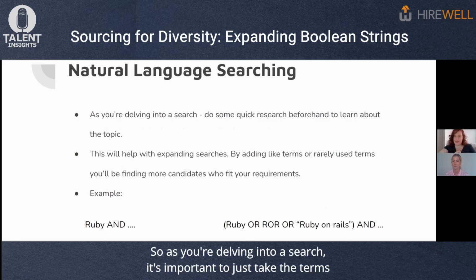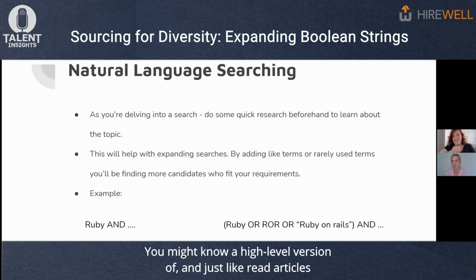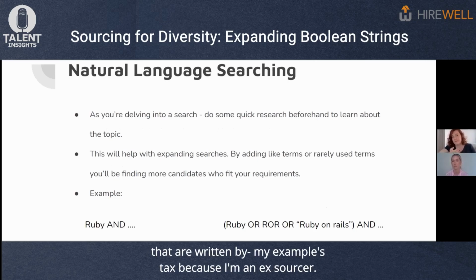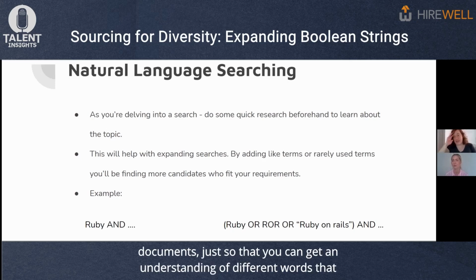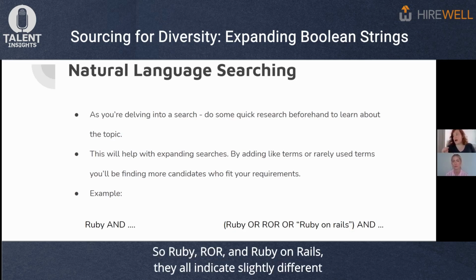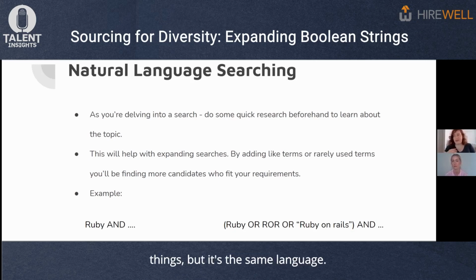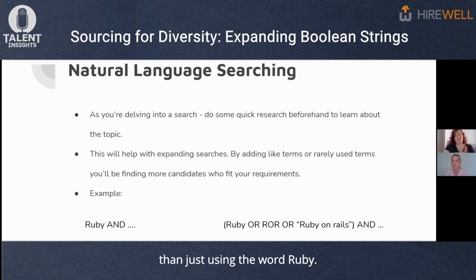So as you're delving into a search, it's important to take the terms that you might only know a high level version of and read articles that are written by, my example's tech because I'm a tech sourcer, developers about the tech stack, like intro documents, just so that you can get an understanding of different words that might be in the same framework. So Ruby, ROR, and Ruby on Rails all indicate slightly different things, but it's the same language. You would want to include those in parentheses rather than just using the word Ruby.